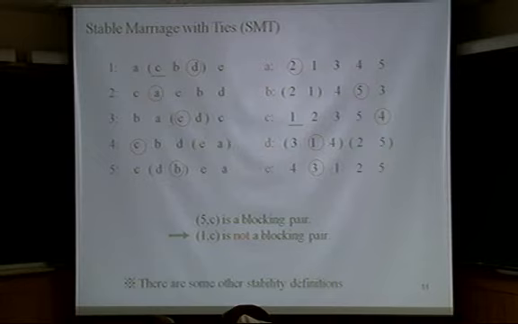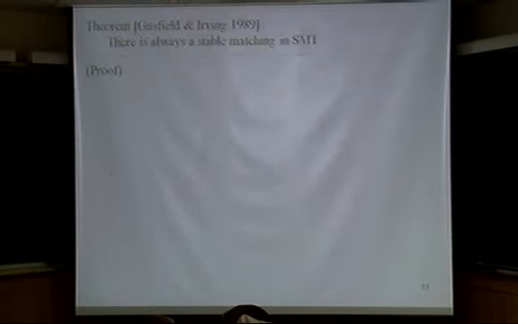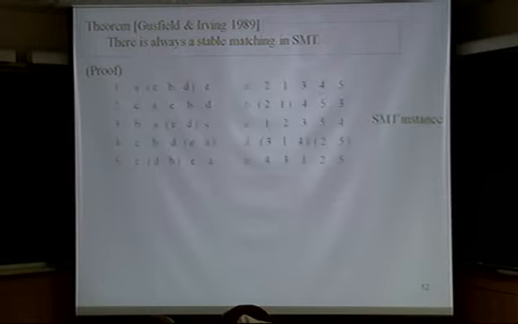But again, in weak stability, both of them have to improve. And in this problem, SMT, there is also always a stable matching for any instance. The proof is very easy. Let this be a given instance.